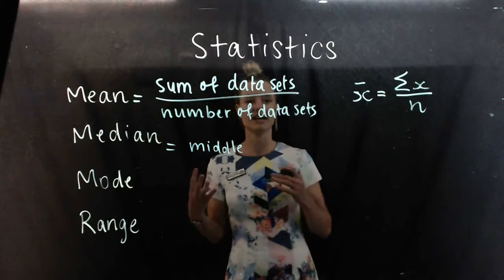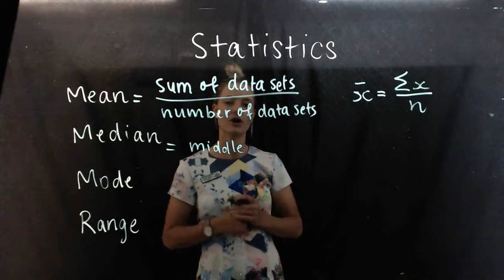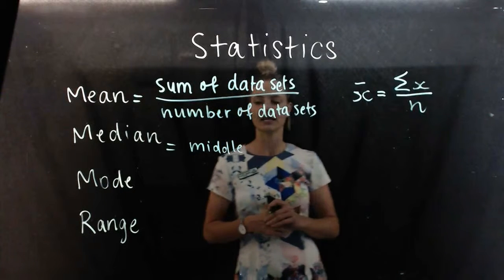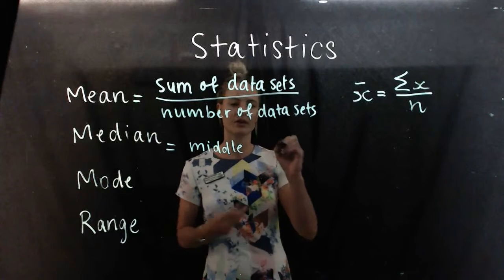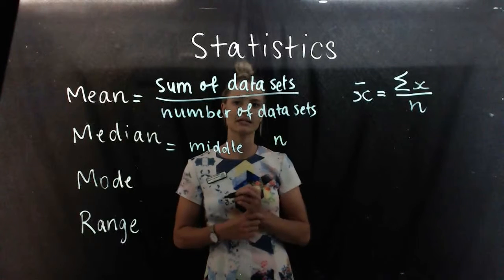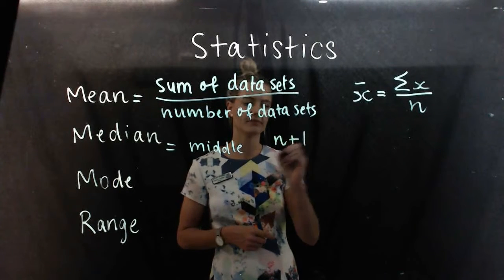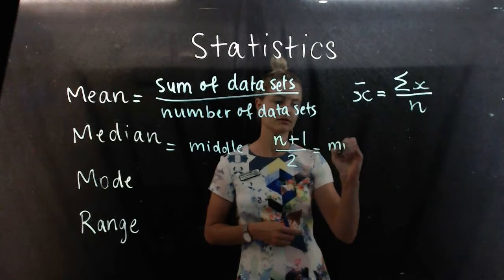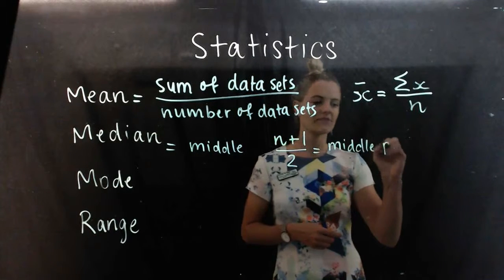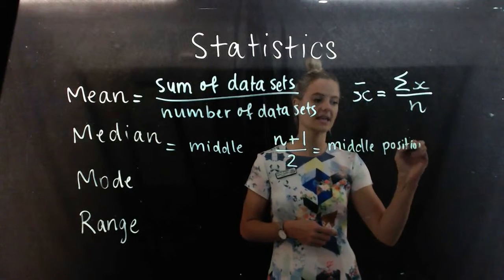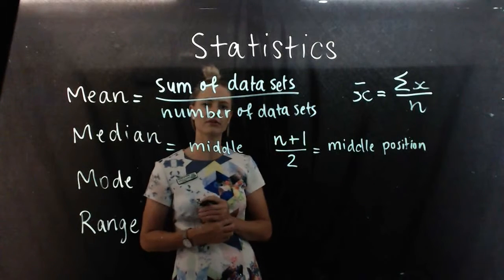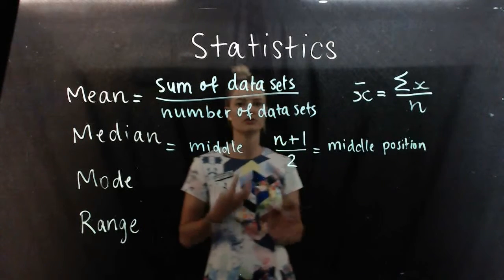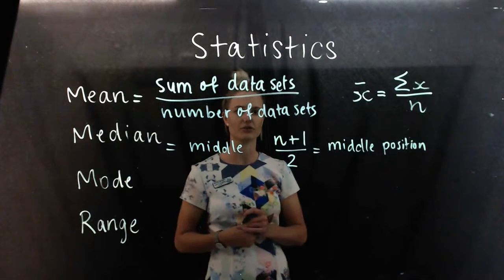For a data set that has an odd number of actual numbers that it consists of, you can think to yourself, okay, the number of data sets plus 1 divided by 2, that will tell you your middle position. If you have a data set that has an even amount of numbers, you'll have to find two positions and then find the average of those two numbers.